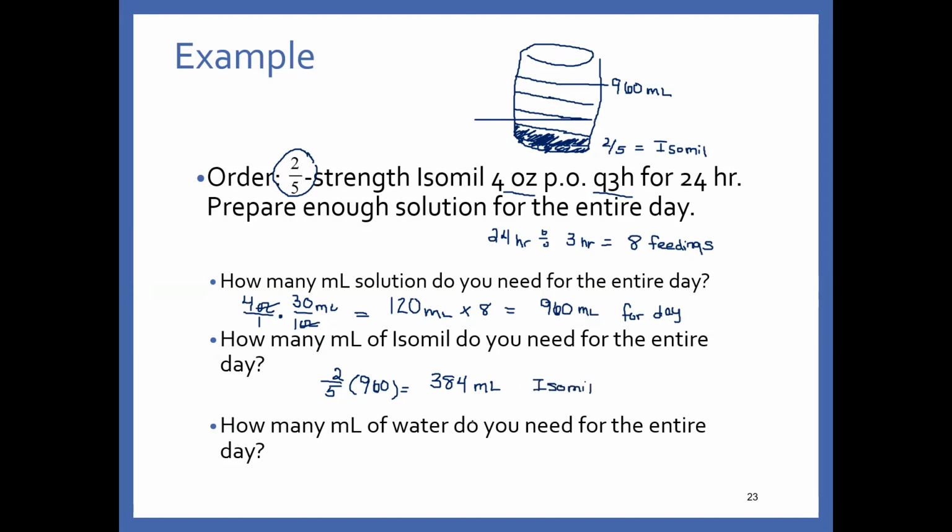Once I carefully measure that, the rest of it's going to be water. So I'm going to take the 960 and subtract out the 384, and that will give me 576 milliliters of the water. Together, those add up to 960 and will give me the total amount for the entire day.